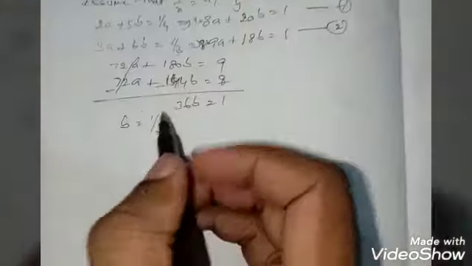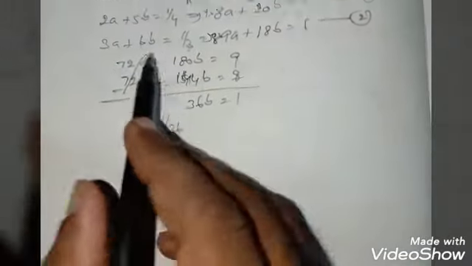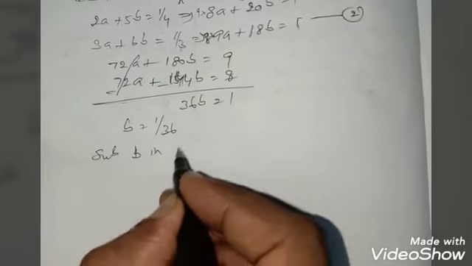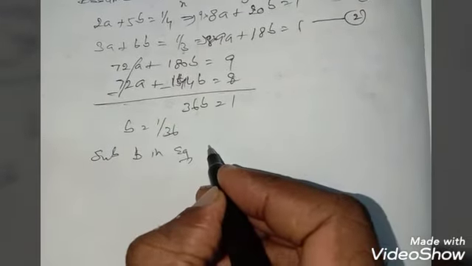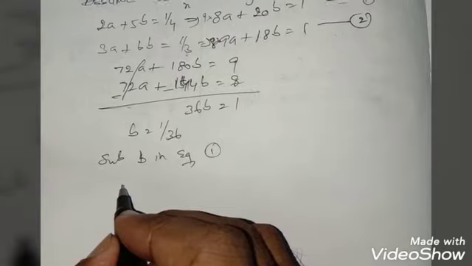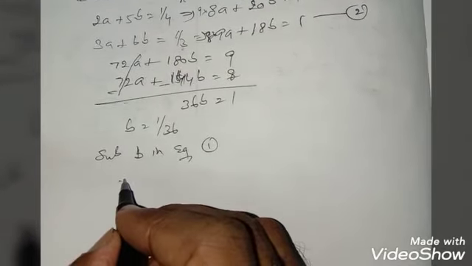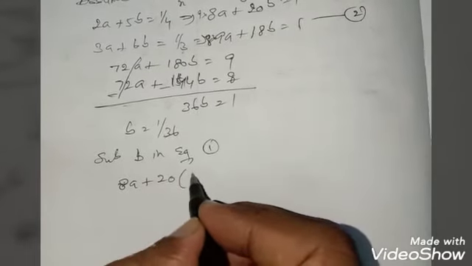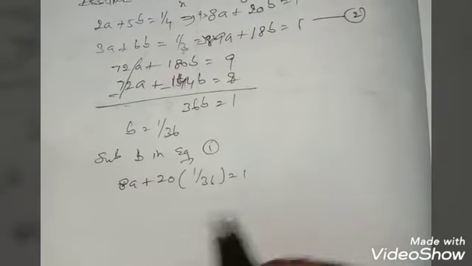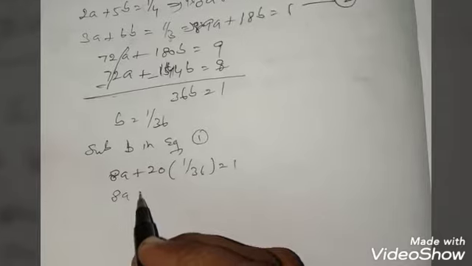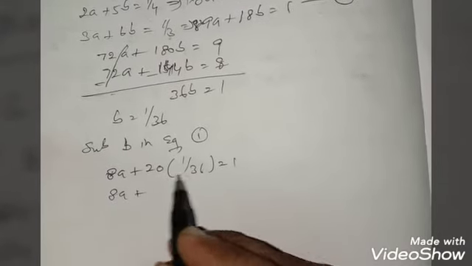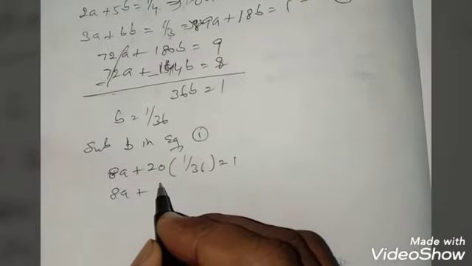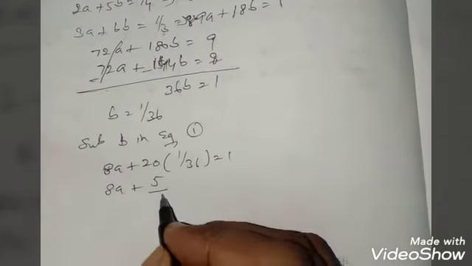After getting the value of b, you substitute this b in any one of the equations. If I substitute b in equation number 1, we get 8a plus 20 into 1 by 36 is equal to 1. I can cancel with 4 table: 4 5s are 20 and 4 9s are 36.